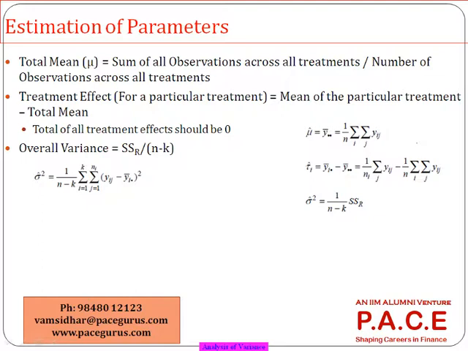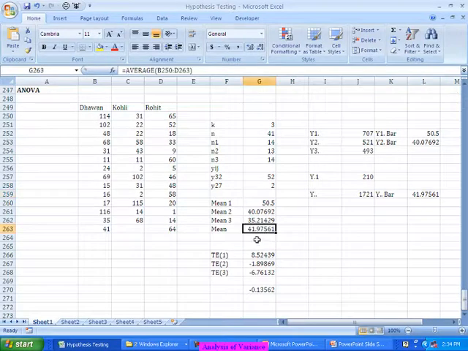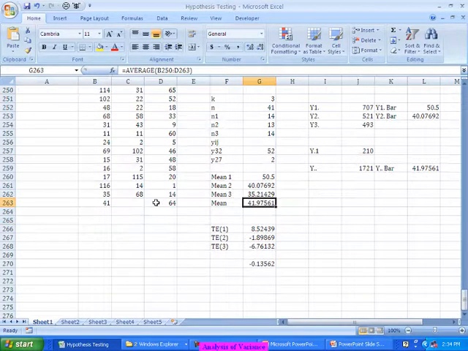Now, how do I identify the total variability across each of the observations? That is what we are coming out with. Now, let's say this is the overall mean, right? This is the overall mean.